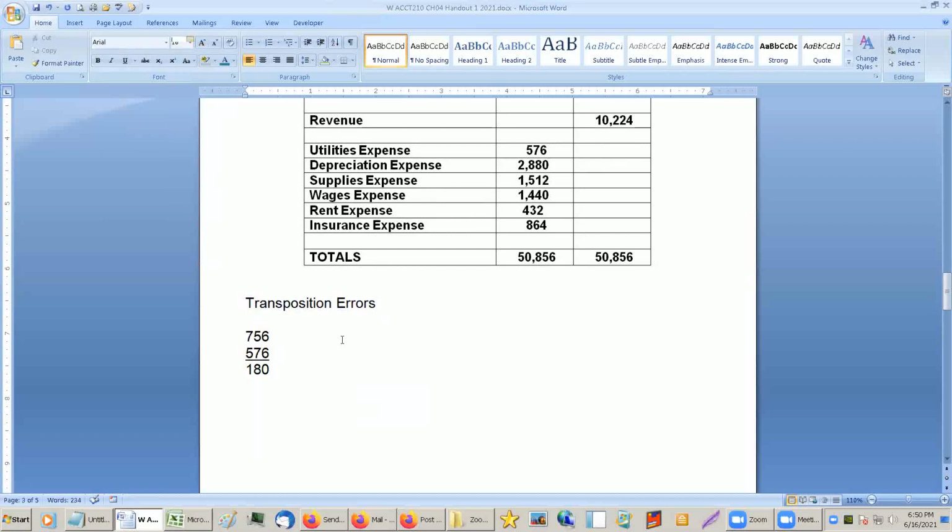So let's say that I entered one number instead of the other, and so you come up with an error of 180. If it can be cleanly divided by 9, and it comes out to be a whole number, it's most likely a transposition error.